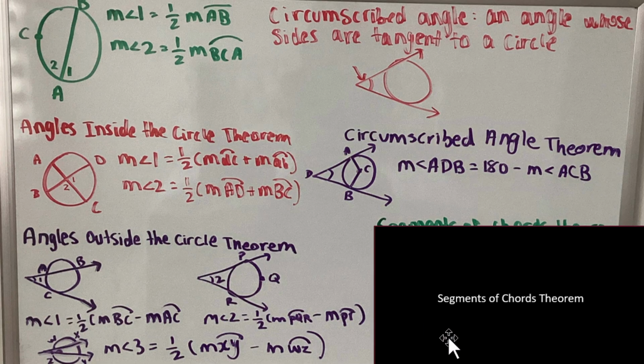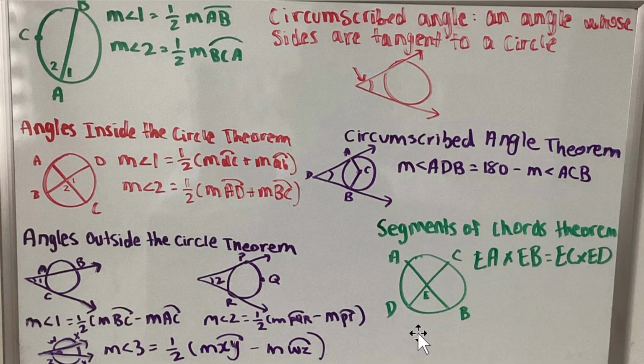Now we're going to do the segments of chords theorem. The segments of chords theorem is EA times EB is equal to EC times ED. So basically just lines. This one I find very fun to do whenever you do problems. It's really easy to go from one side to another, times one side to another, to find out.